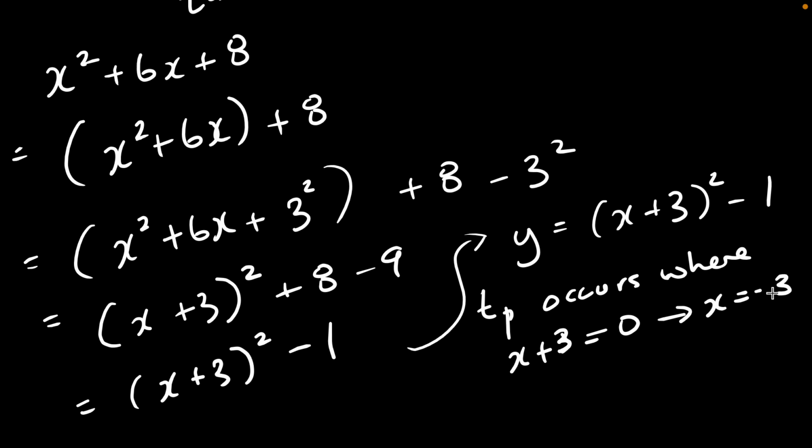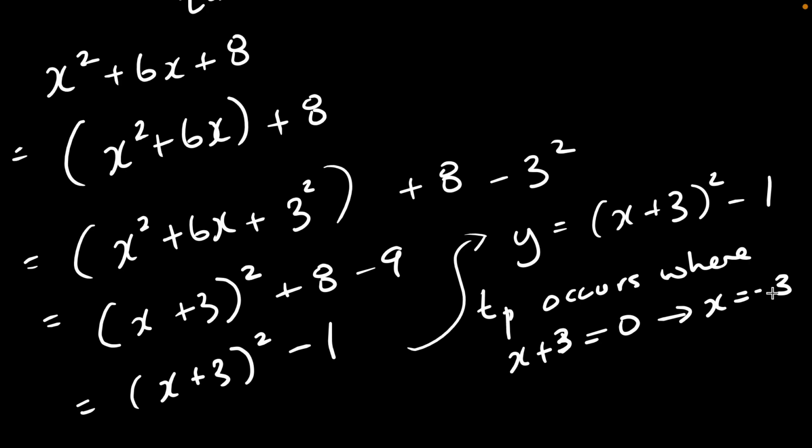And that should sound familiar because we knew that already. We did this before. Essentially, we use the symmetry of the parabola to say, okay, if one root is -2 and the other root is -4, then the turning point must occur right between the two, right? And between -2 and -4 is -3.